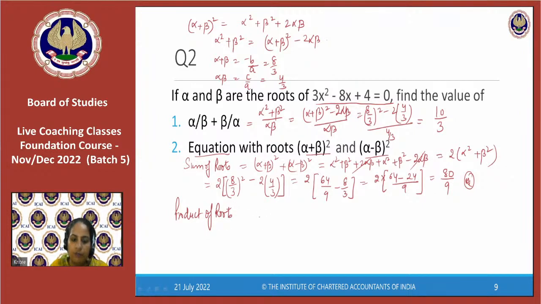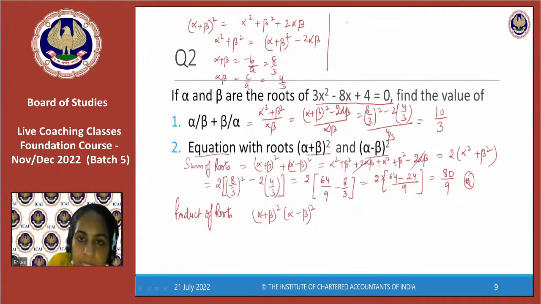You will do the product of roots. Product of roots is alpha plus beta whole square into alpha minus beta whole square. So what you can do here is, let me tell you, just like the alpha square plus beta square formula, we can also derive a formula for alpha minus beta whole square. Alpha minus beta whole square can be written as alpha square plus beta square minus 2 alpha beta.